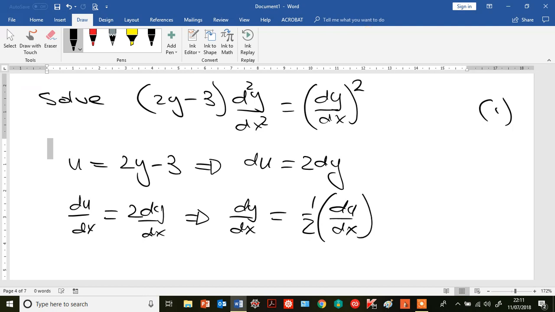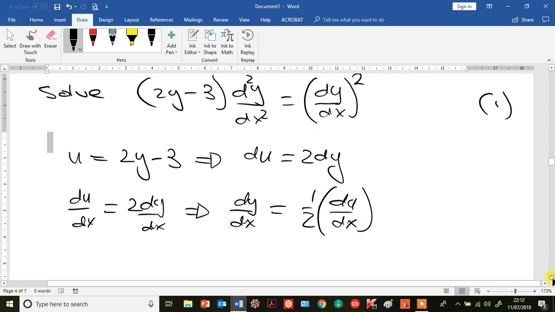Okay, and why have we put it in that form? Well, because we have a d squared y by dx squared term here. Because we've got dy by dx here, we can differentiate it again and find the corresponding expression in order to substitute it back into this equation, along with dy by dx itself, and we'll substitute u into the 2y minus 3 component as well.